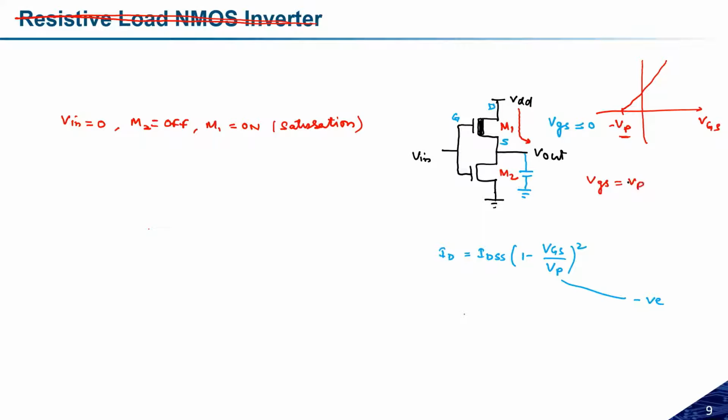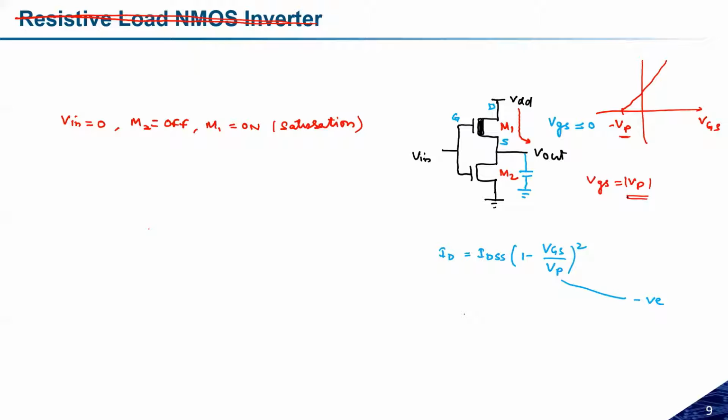I'm considering only the modulation. Because M1 is in the saturation region, VDD is transferred to the output, but the capacitor charges, and once it reaches the voltage level VP, what will happen further?